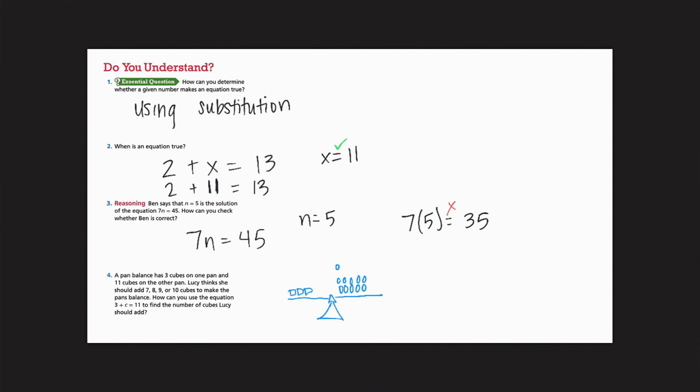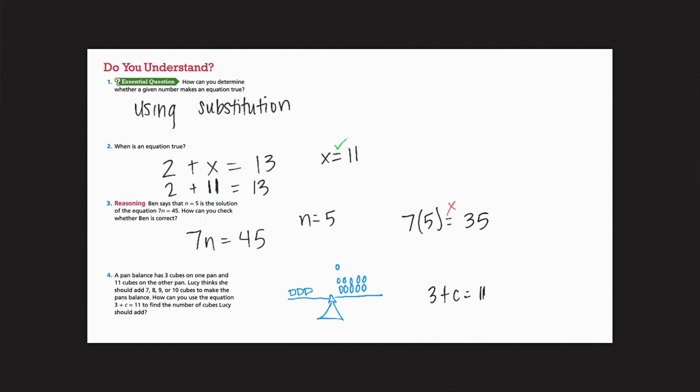Okay, so there's 3 and 11 on the other side. Lucy thinks she should add 7, 8, 9, or 10 cubes to make them balance. So the equation that she's going to be using is 3 plus c equals 11. So what would she need to add to this side to make them the same? So what would I need to put in here to make it true? 7, 8, 9, or 10 it says.